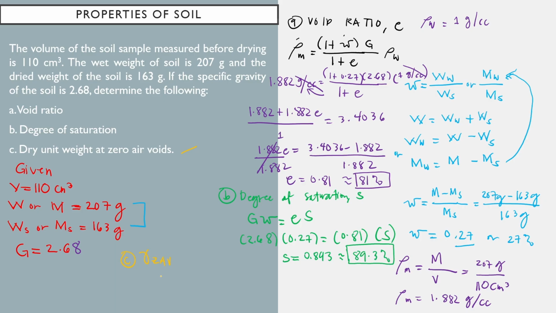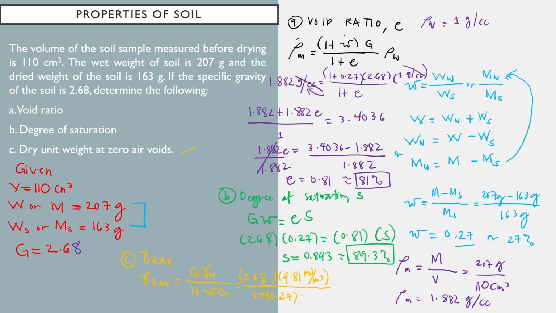Pwede natin gamitin yung formula: G times yung unit weight ng water divided by 1 plus moisture content times yung specific gravity. So is equal to 2.68 times 9.81 divided by 1 plus 0.27 times 2.68.